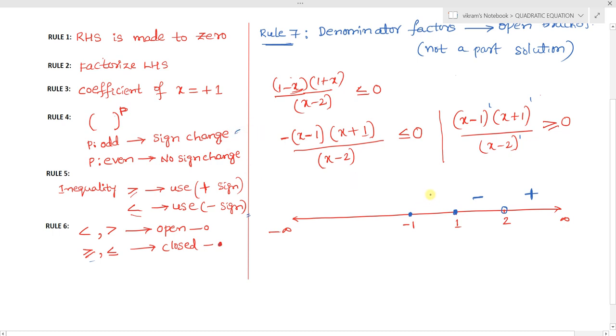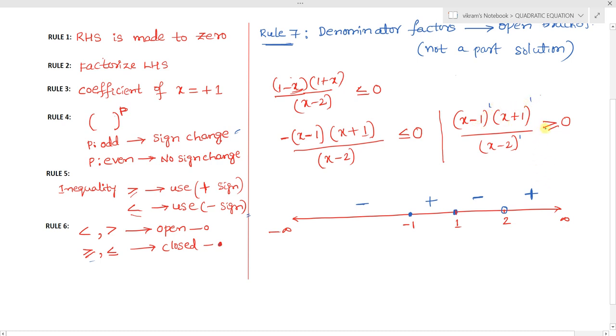At -1, x plus 1 also changes the sign. Clearly, whenever the factors have odd powers, the plus and minus signs change alternately.